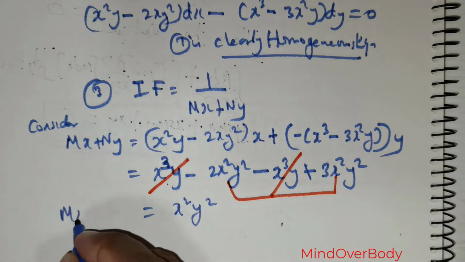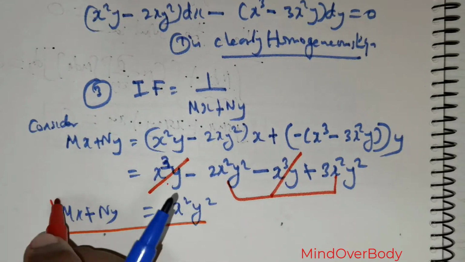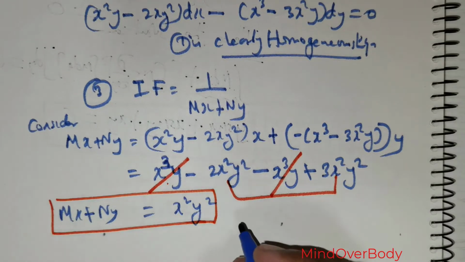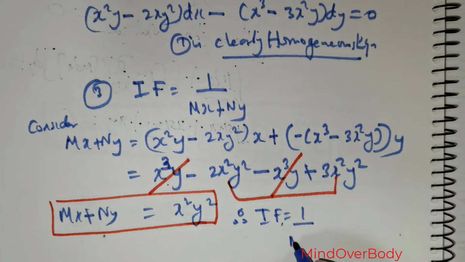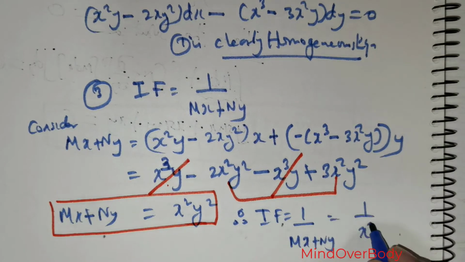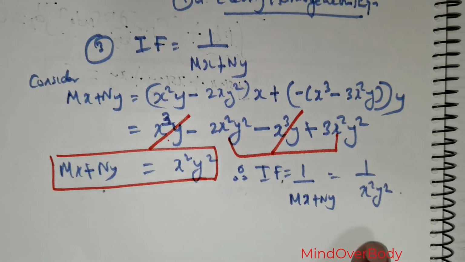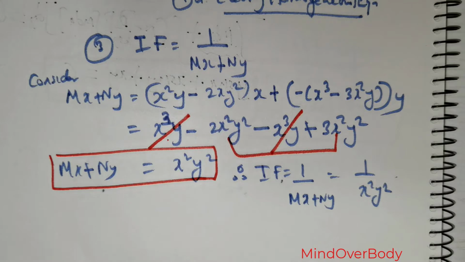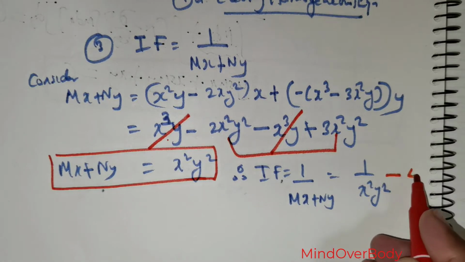What is this? This is M x plus N y. Now we are expected to find the integrating factor, so the integrating factor is nothing but 1 over M x plus N y, which is 1 over x squared y squared. So we have got this. Now what should we do? We have to take this, and let me take this as 4.